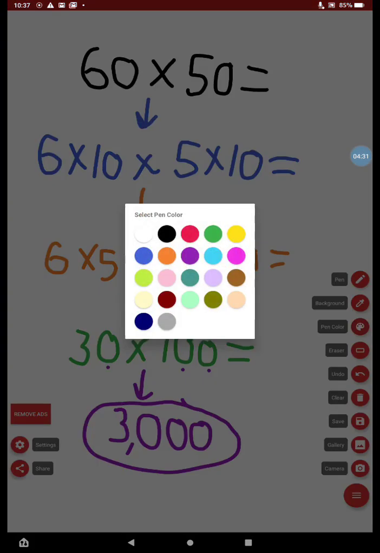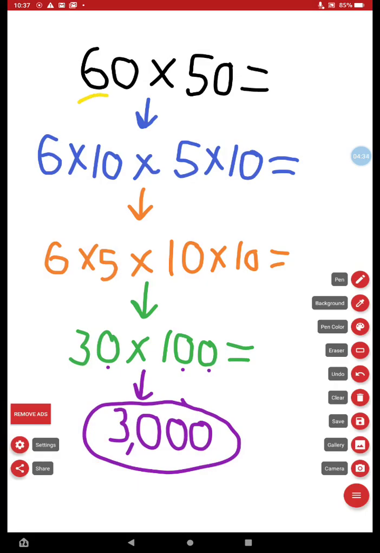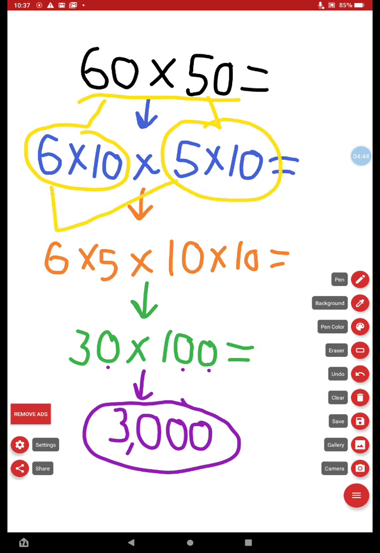All right, let's review. So I started with 60 times 50. I broke 60 up into 6 times 10. I broke 50 up into 5 times 10. I regrouped my problem, putting the 10s together and putting 6 and 5 together. So now I have basic math facts. 6 times 5 is a basic math fact, gets me 30.